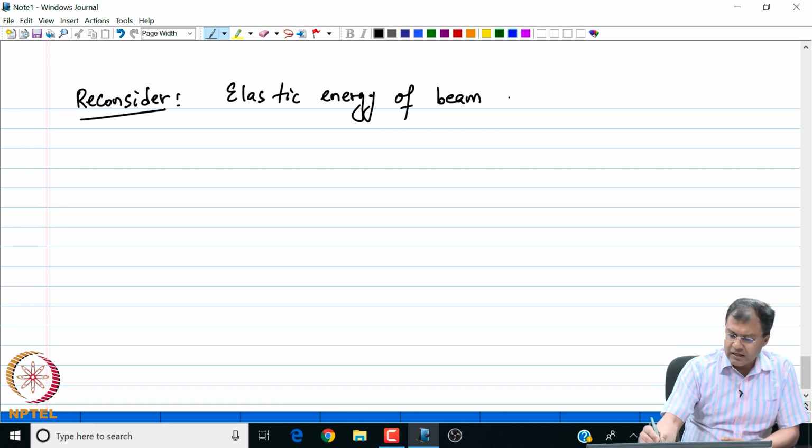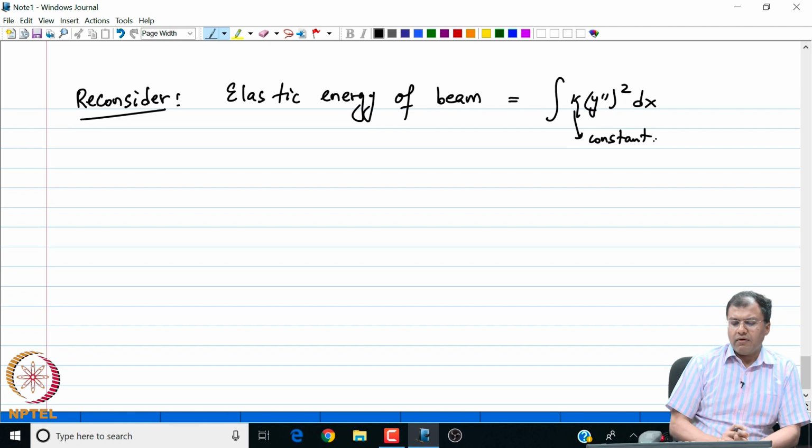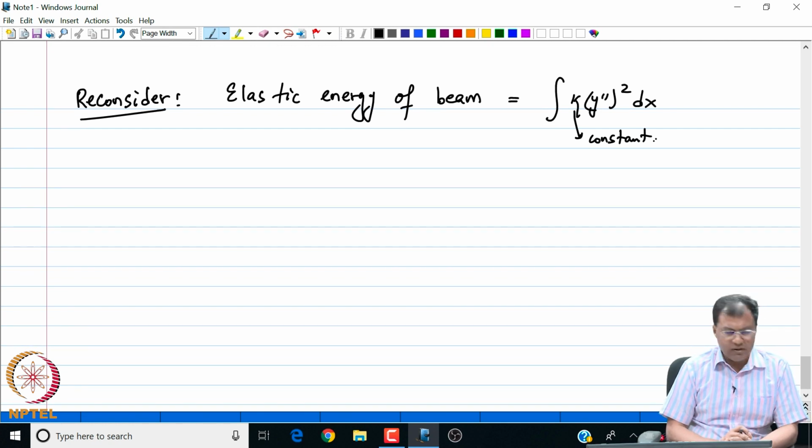Notice that the elastic energy that we have chosen was of the following form: kappa times y double prime square dx, right, where kappa was assumed to be a constant, right. So this was our elastic energy of the beam, but this is when the bending of the beam is negligibly small.